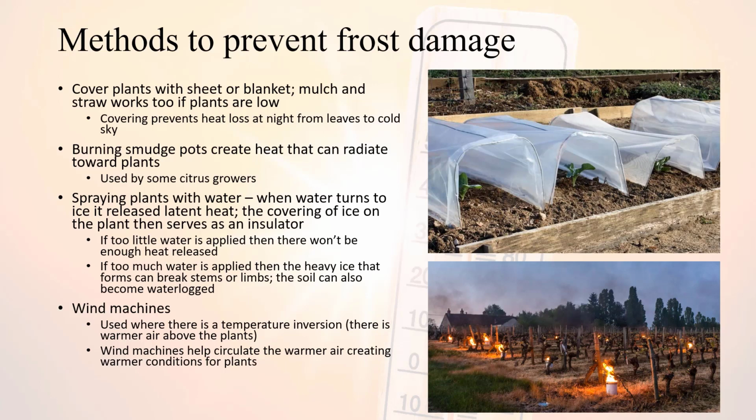There's a layer of warm air on top that traps a colder layer of air below it, closer to the surface of the Earth. And that can, again, damage our plants if it's too cold. So if you know this temperature inversion is going to occur, you can utilize wind machines, which help circulate warmer air and create warmer conditions for your plants.